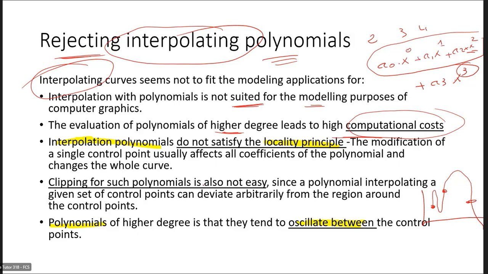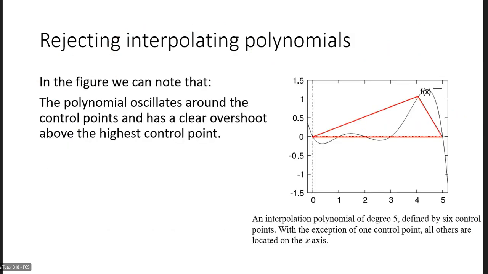These are the problems of polynomials. In the same example, you can say that the curve here is oscillating. It's a smooth curve, but it is oscillating. We need the curve to pass through this point, for example, so instead of having a linear curve, we can have a curve like this. This is an example of a polynomial with degree 5.